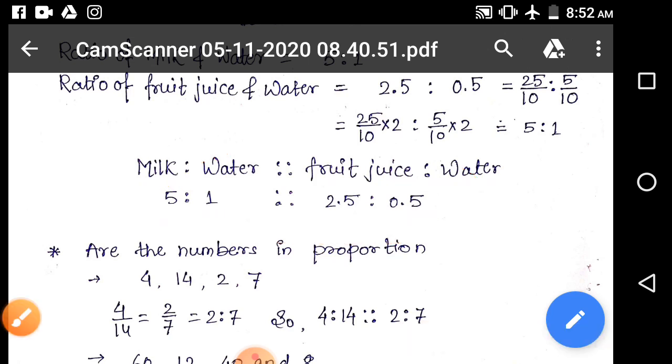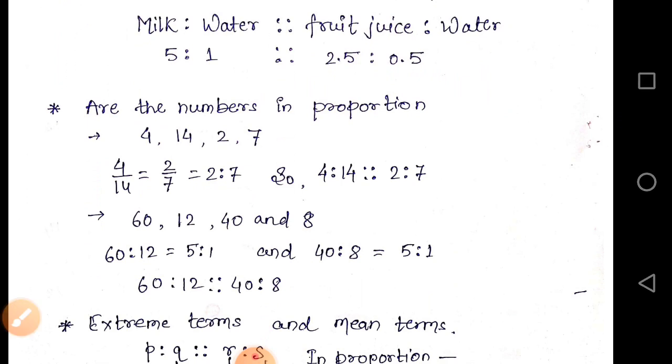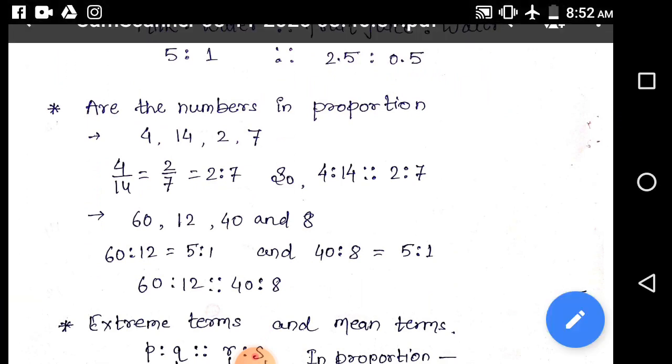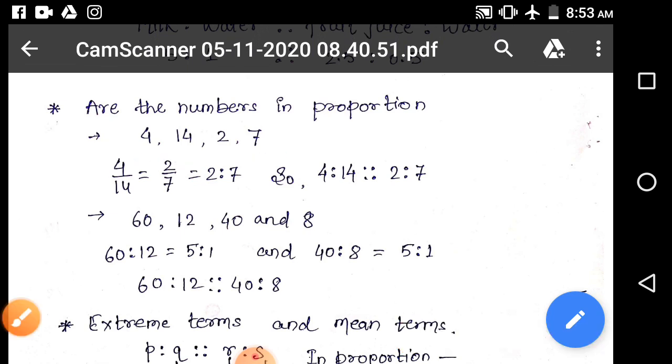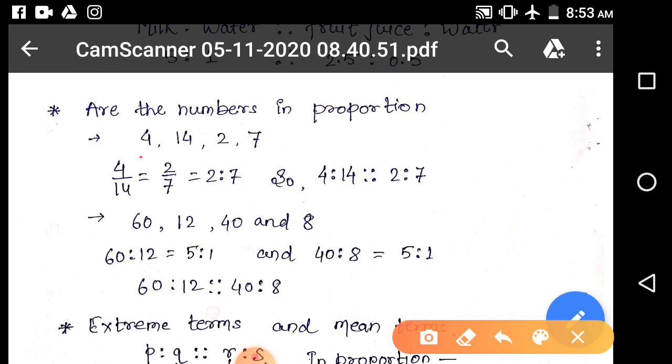Now if we have four numbers and we have to find out whether those are in proportion or not, see, we have those four numbers, and how can we check whether they are in proportion? For this we take the first two terms, 4 and 14. The ratio of 4 and 14 becomes 2 is to 7, and for the second two terms we have 2 is to 7.